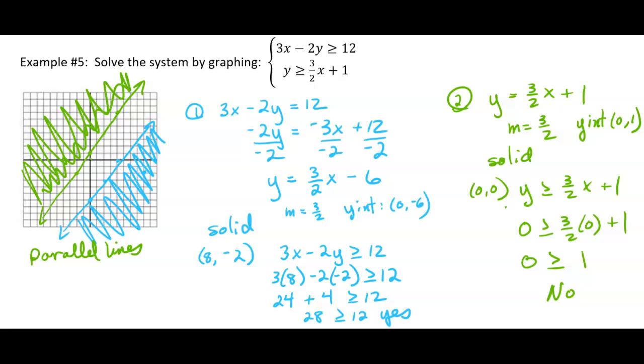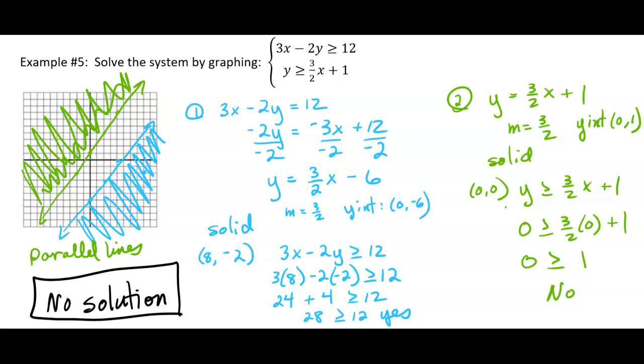Well, they don't overlap, and they're not going to. And so there is no solution here. So we're just going to write no solution. There aren't any points that will satisfy both inequalities. Sometimes that happens, but it's okay. We did it right.